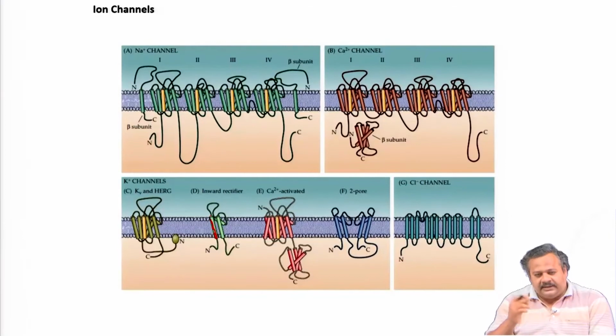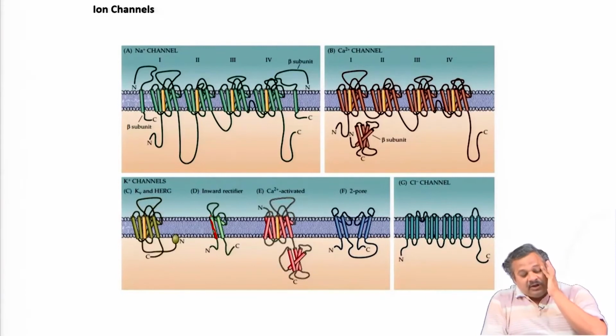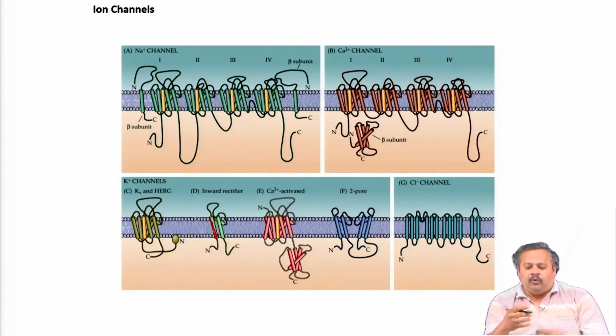This has a helical structure in general, as we see in transmembrane proteins, and they make an arrangement in such a way that multiple such subunits come together to form a pore.